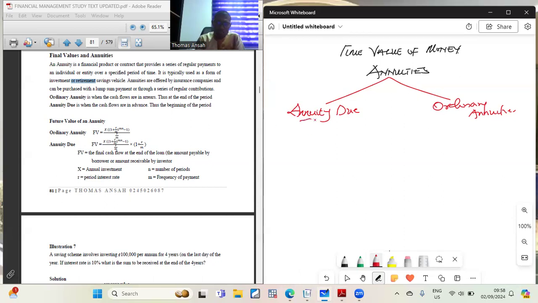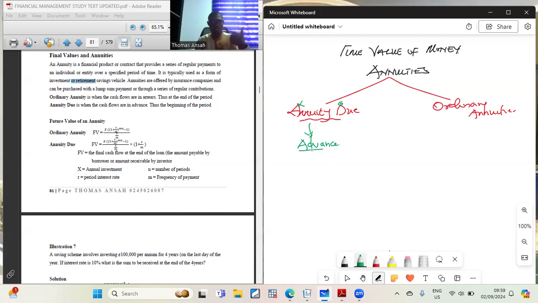When you look at annuity due, it simply means the cash flows are in advance. So A for advance, annuity due for advance. So AD should let you remember advance. What does it mean in advance? It means that the cash flow that you are depositing, what you are saving as the money investment, is always at the beginning of the year.